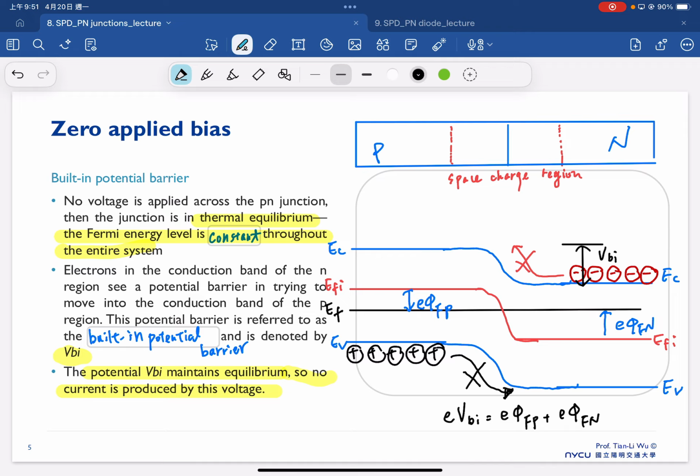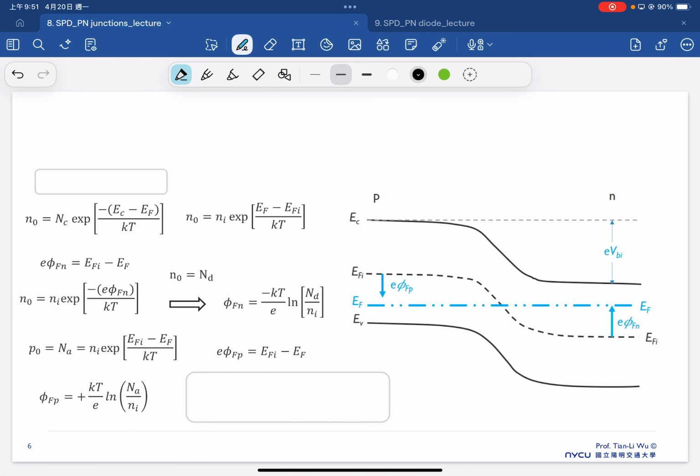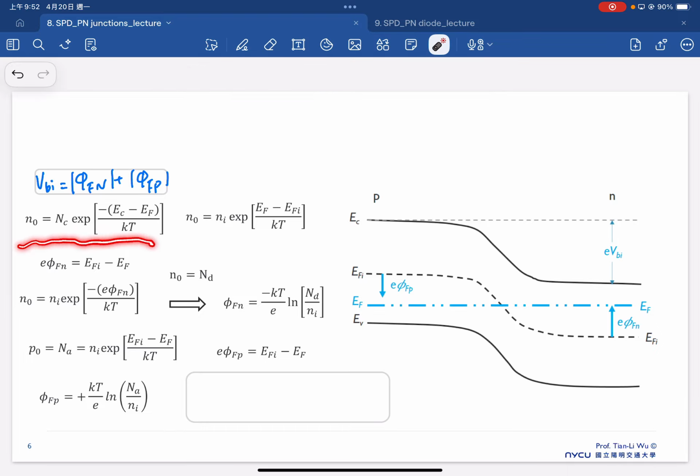Therefore, based on this very simple calculation, we are able to estimate exactly the equation for the built-in potential. As we already mentioned, the VBI, the built-in voltage, is equal to phi Fn plus phi Fp here. And also, we already knew that our thermal equilibrium electron concentration is shown here, which also can be estimated from here.